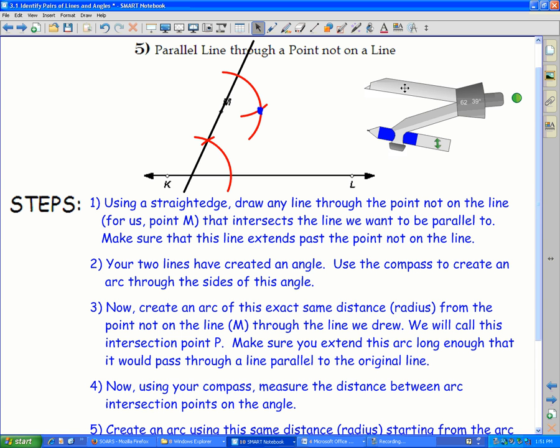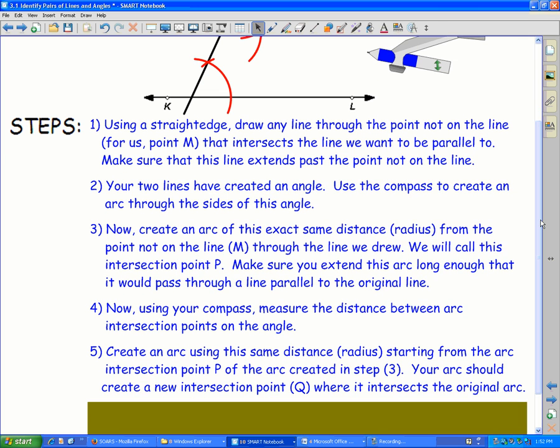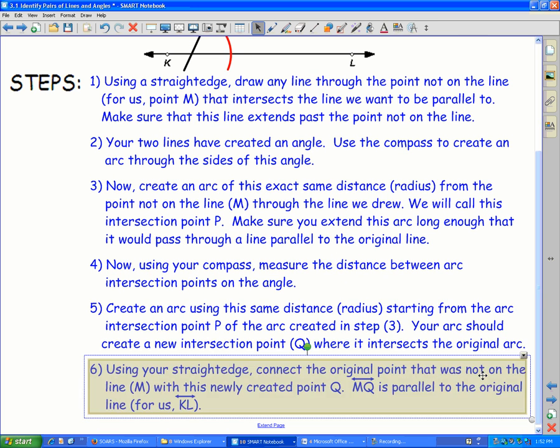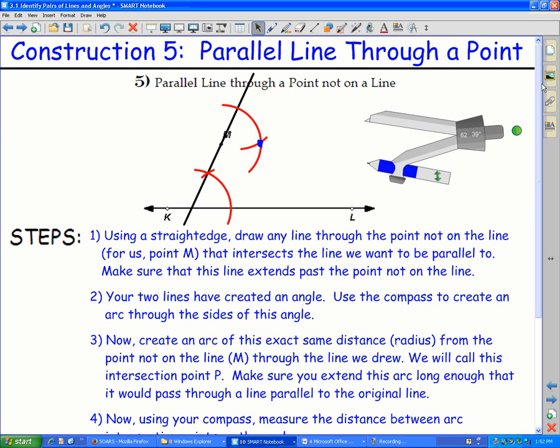And if it seems like this is very similar to the construction where we copied an angle, you're exactly right. It looks a little different because we did one arc kind of up and then the other arc kind of went down below, so the lines aren't oriented in the same position to start with, but that's pretty much it. And in fact, if we complete this construction by drawing a straight line through the original point M and this new point we created, in the directions it says we would call this point Q, which is fine.